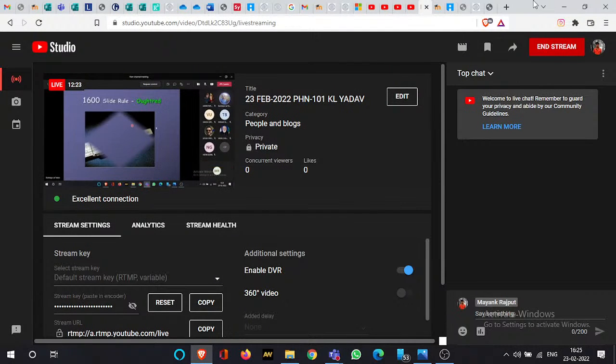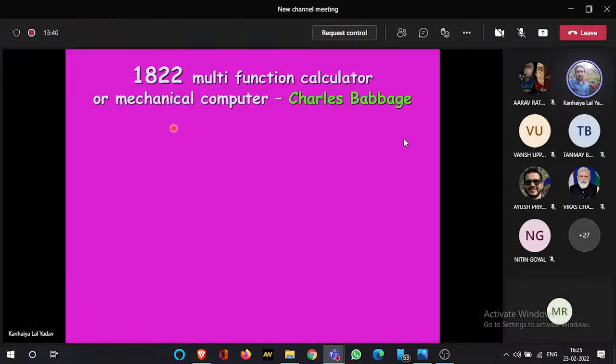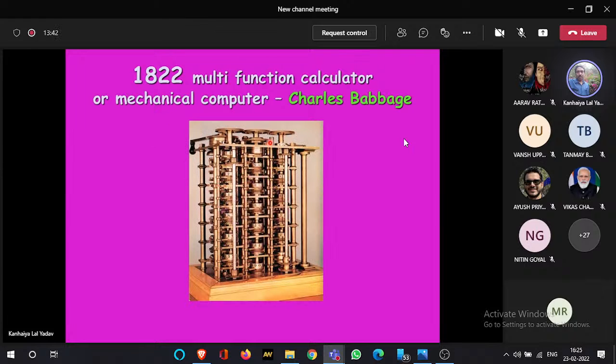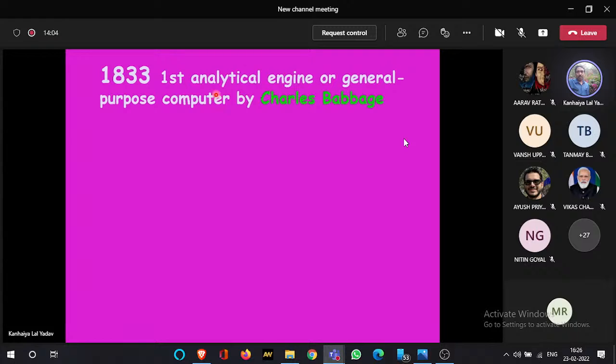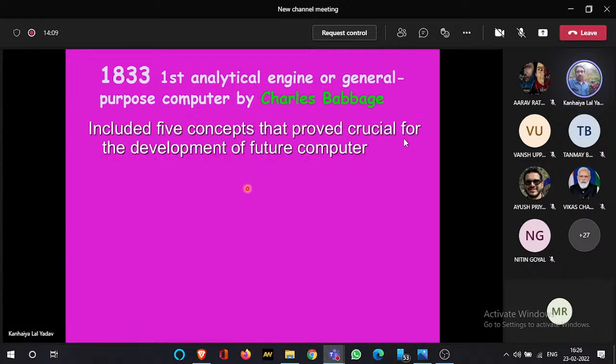Then 1822, Charles Babbage made the first mechanical calculator. If you see, these are like steering wheels, you just rotate a number of times for some calculations, like the old dial type telephone, where if you want to dial some number, then you have to dial that. So same here. Then 1833, first analytical engine or general purpose computer was made by Charles Babbage.